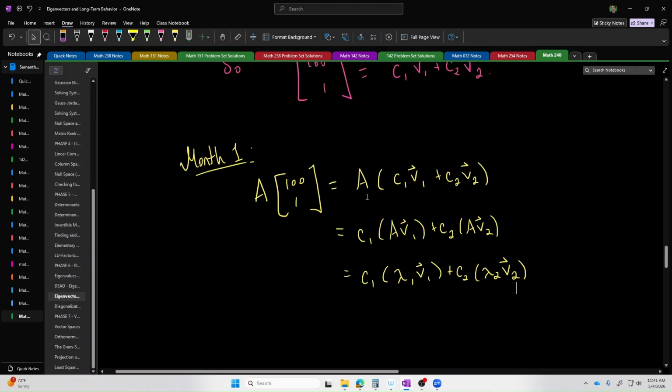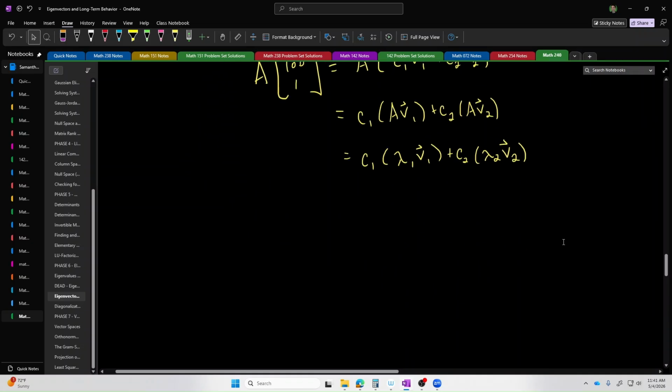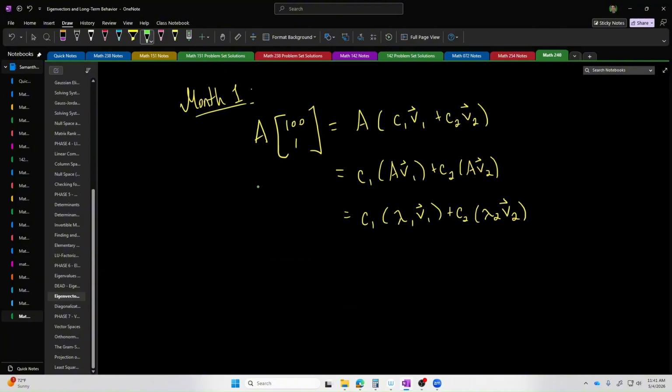So if I want to know what happens in month 1, I just have to multiply each of the eigenvectors by their respective eigenvalues a single time.